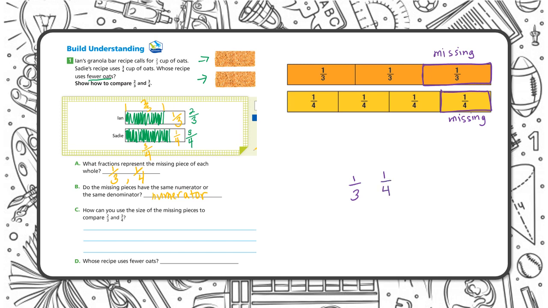Well, we know that 1 part out of 3 is greater than 1 part out of 4. So we know that Ian had more missing in order to get to one whole. If you have more missing in order to get to a whole, then you have less than the other person.